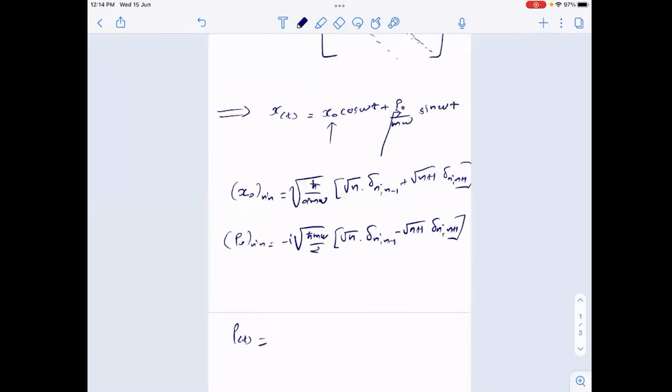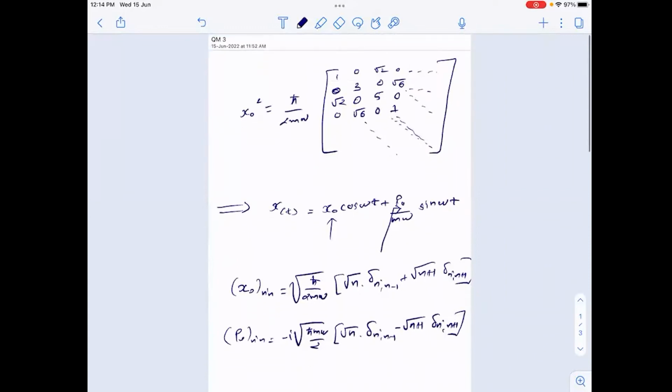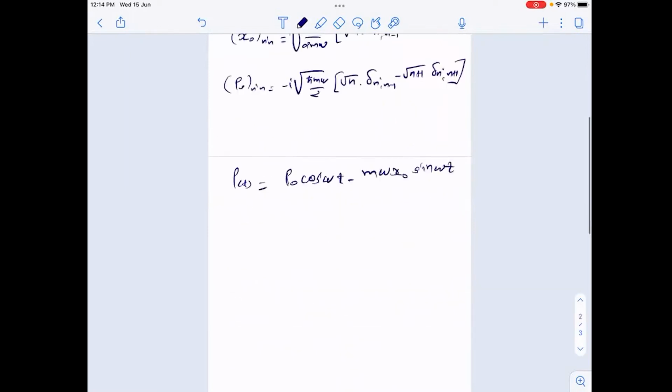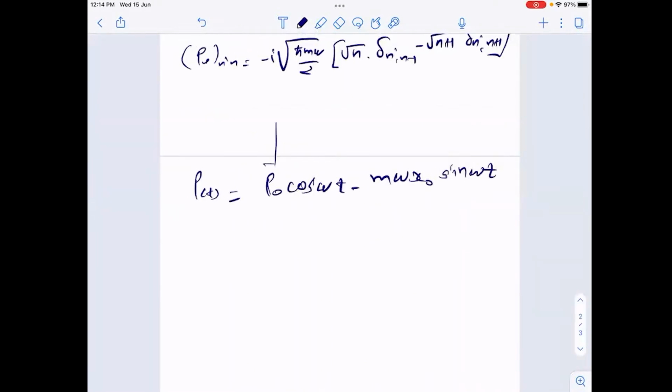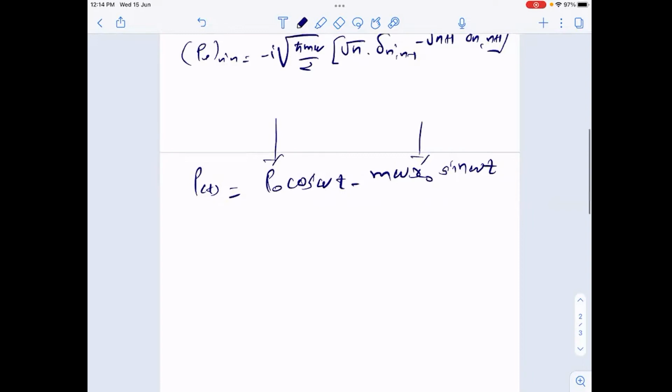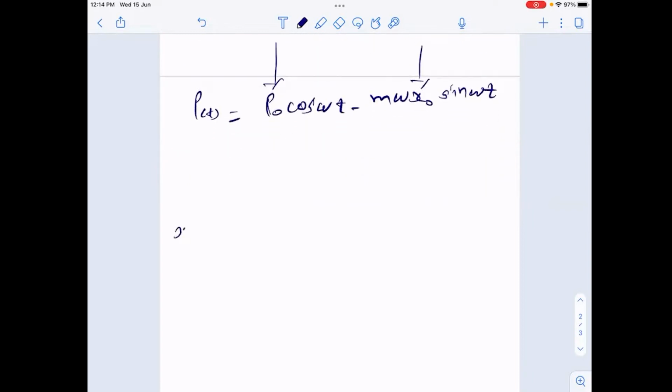So it will be simply p0 cos omega t minus m omega x0 sin omega t. Again, substitute p0 and x0 here. And finally, you will get your xt.